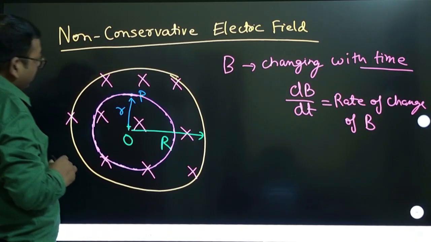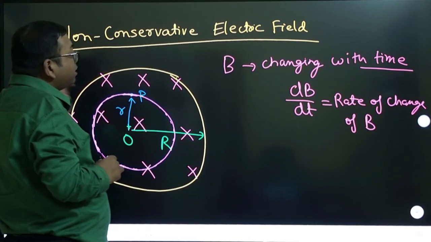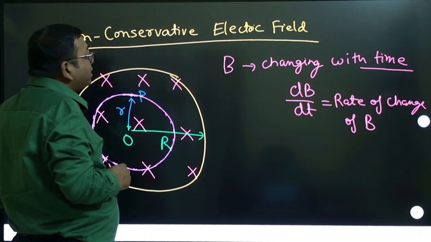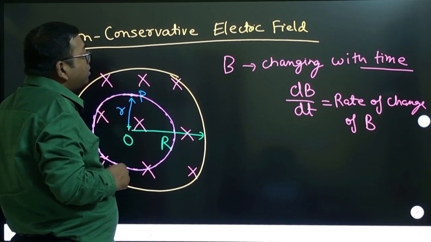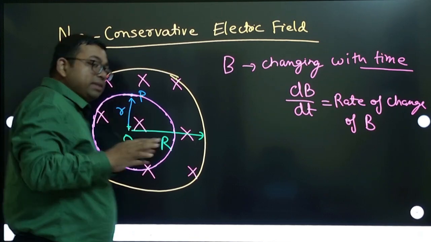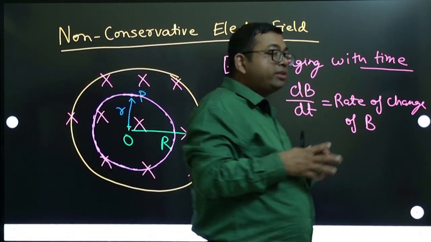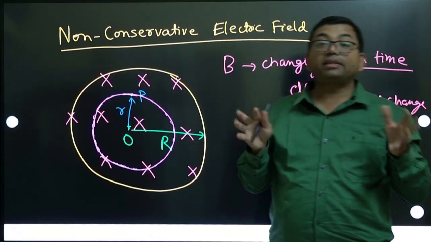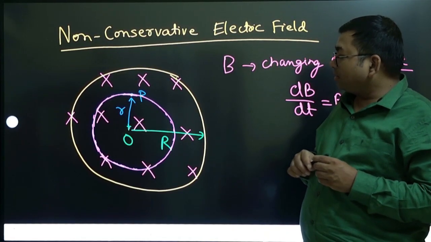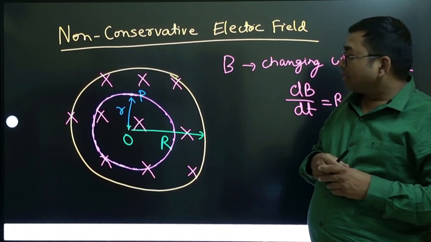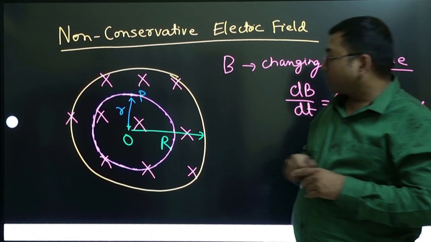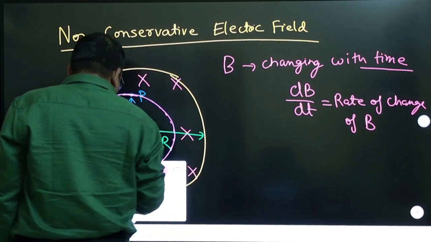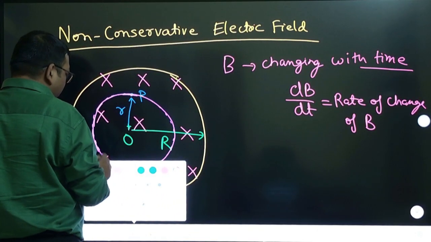Which direction the electric field will be in depends on how the magnetic field is. Assume that there is a coil, although the coil is not there, you can consider some imaginary coil, and the magnetic field is changing in this coil. So take a small flux and try to calculate that.